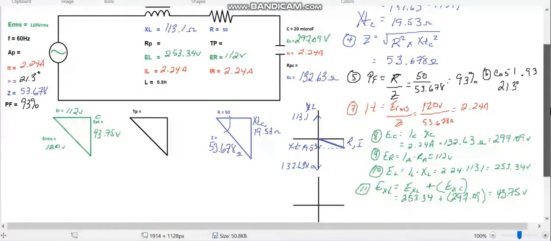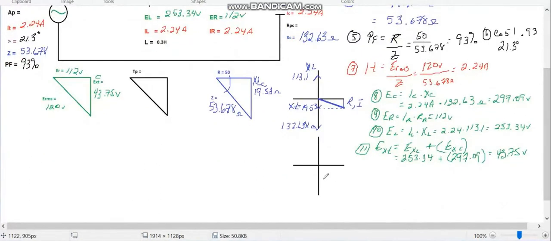So again, if I was to use this, and I drew this little phasor, I'm not sure we need it, but I'll draw it here anyway. I say, okay, this would be EXL, this would be EXC, this would be ER, and also I, because they're in phase with each other.